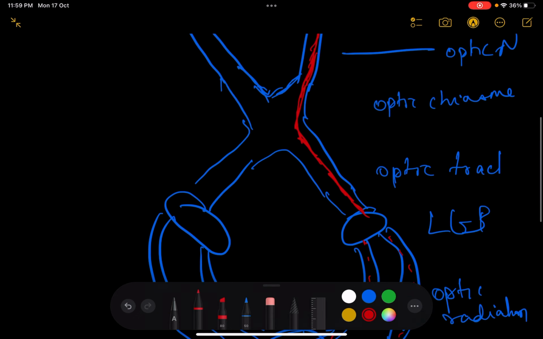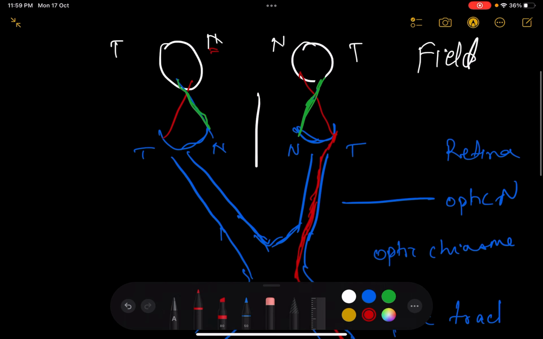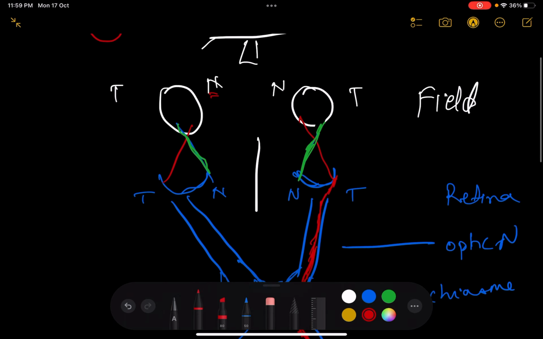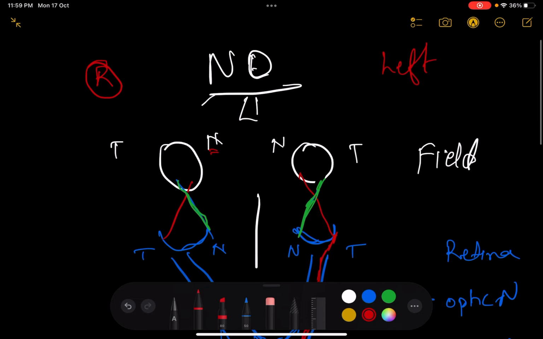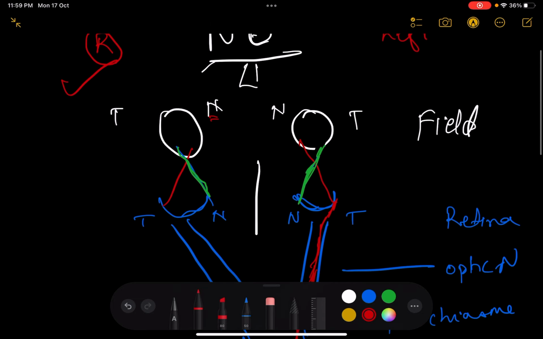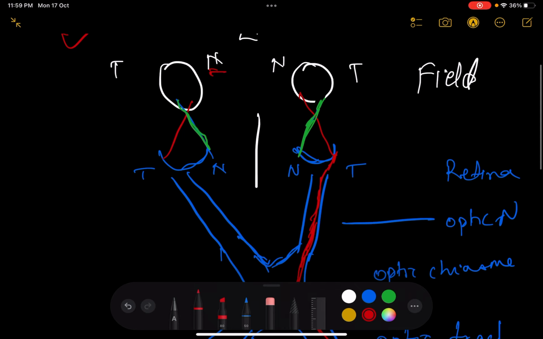So far so good. This is the very basic. Now here, the nasal field of the right eye, looking at the right eye, the nasal visual field falls on the temporal retina of the right eye. Understood?